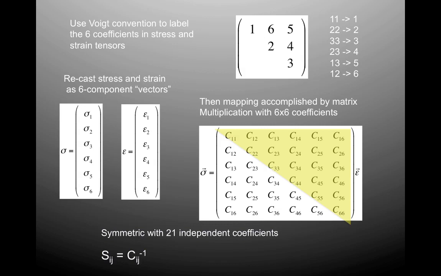I'll also note that this matrix representation for the elastic constants can be inverted, well, invert stiffnesses to get compliances, or invert compliances to get stiffnesses. In MATLAB, this is a simple command of S is equal to the inverse of C.